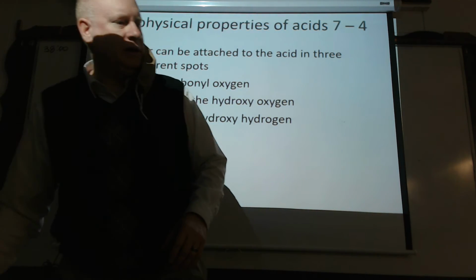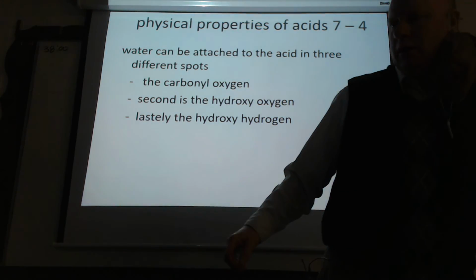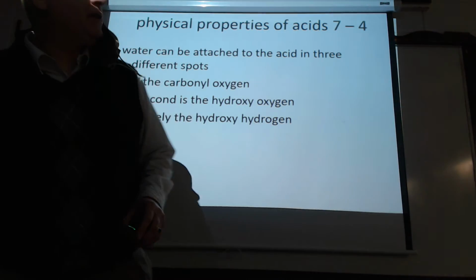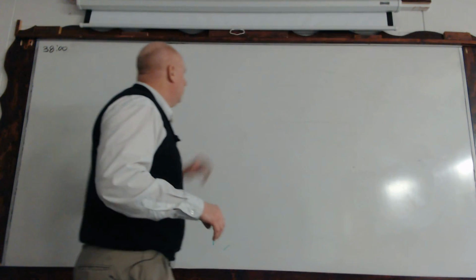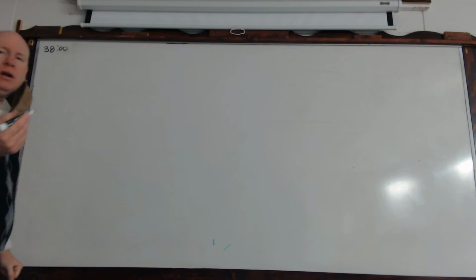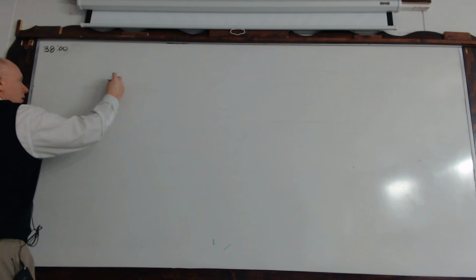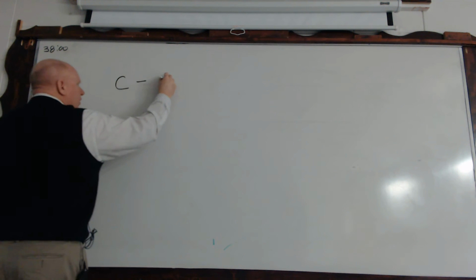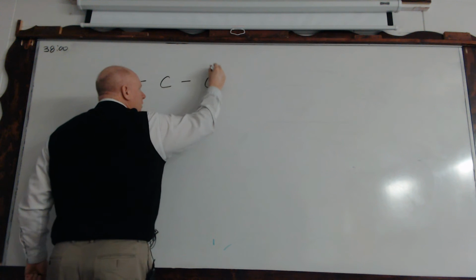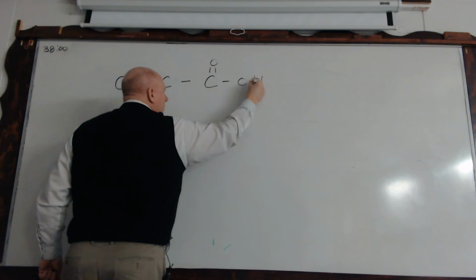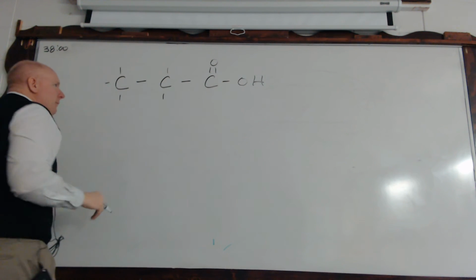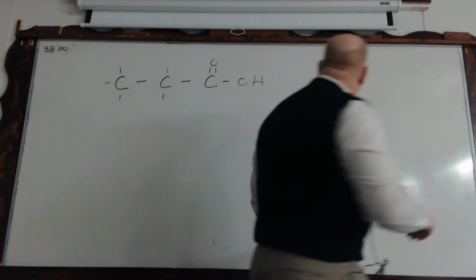So again, what makes these compounds polar is as follows, what it says here. Give me an example. Just keep it simple, like propanoic acid. How many carbons is that? You don't have to write this down. What makes these compounds polar is that water can attach.